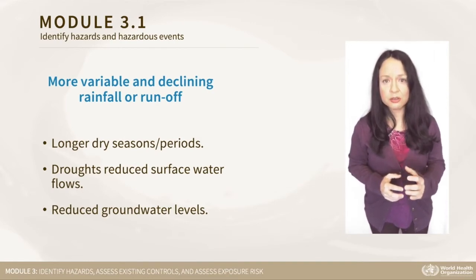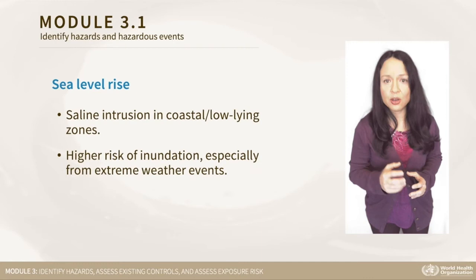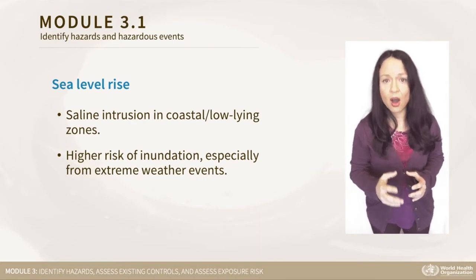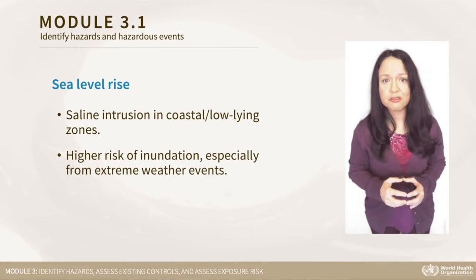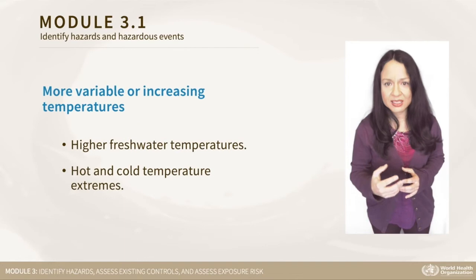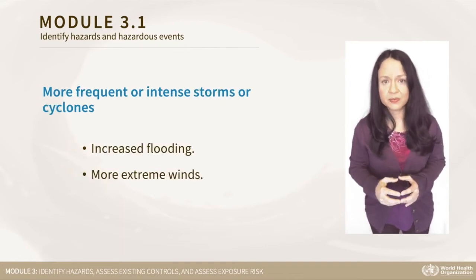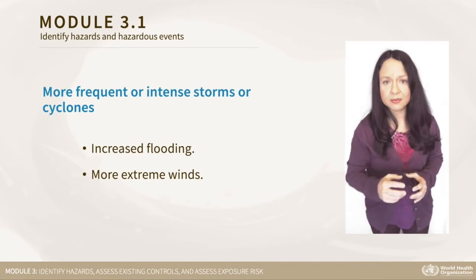Droughts reduce surface water flows, reduce groundwater levels, saline intrusion in coastal or low-lying zones, higher risk of inundation, especially from extreme weather events, higher freshwater temperatures, hot and cold temperature extremes, increased flooding, more extreme winds.